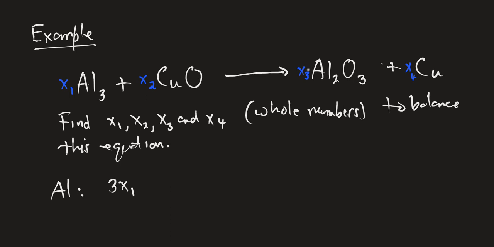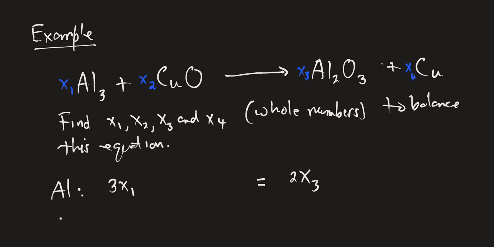Now the right arrow is really your equal sign. So we have 3x1 of the Al on the left, and on the right we have 2x3. So whatever we come up with for x1, 3 times that number is going to be equal to 2 times whatever we come up with for x3. And we do this for each of the elements present.